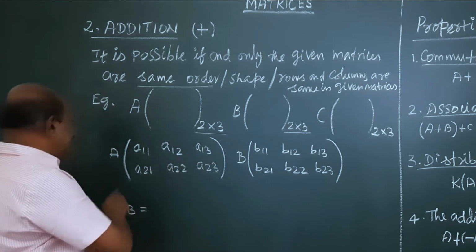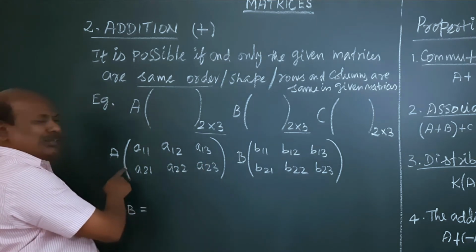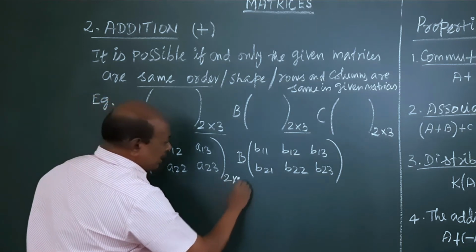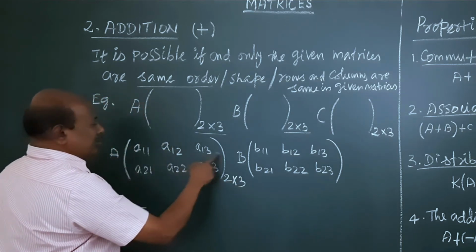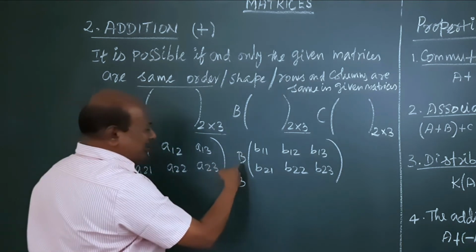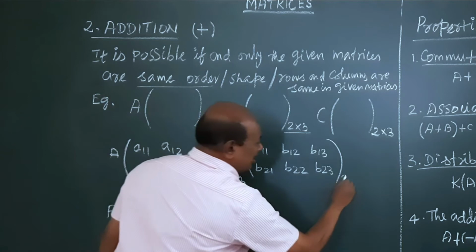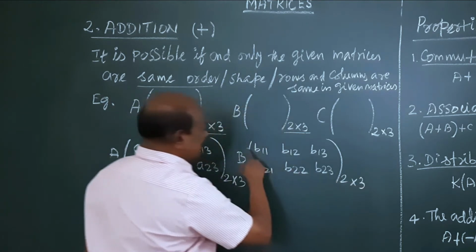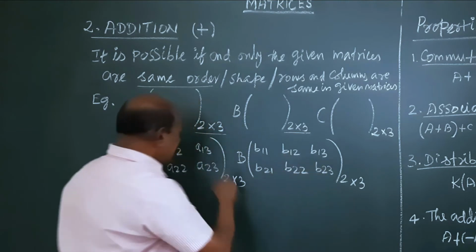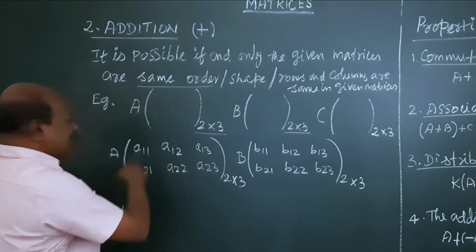Then you see here, A is the first matrix. A is a 2 by 3 matrix, that is 2 rows, 3 columns. Like that, B matrix is also 2 by 3, 2 rows and 3 columns. If so, we can add.